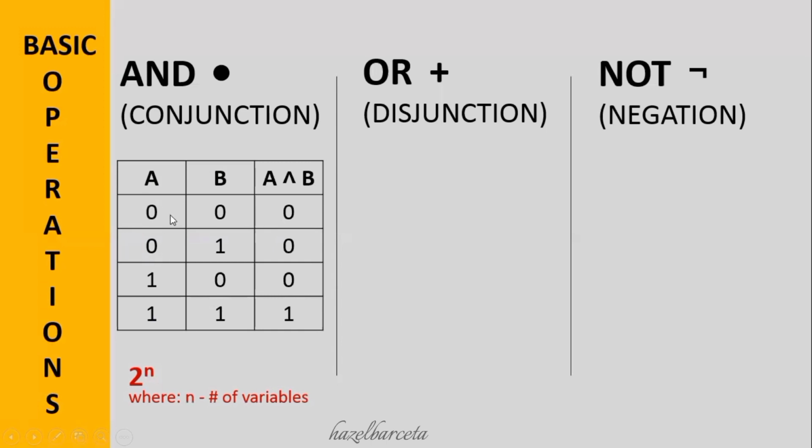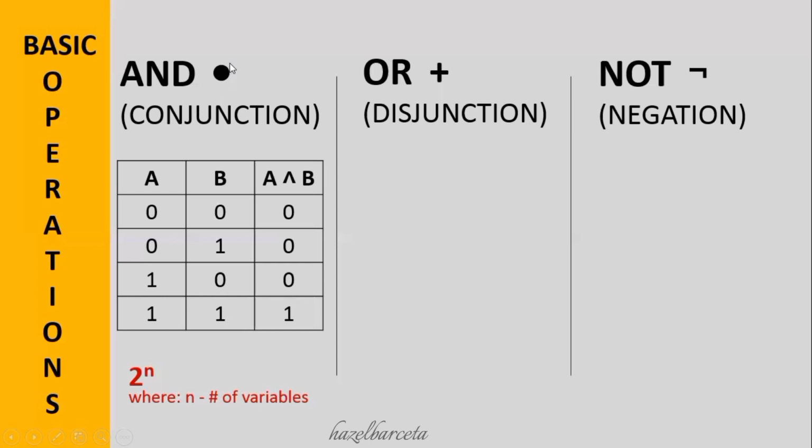Paano naman po ang pag-a-assign ng mga ito? Ayan. So, dito po, dahil we have 4 rows divided by 2, so, 2 0 sa una, 2 1 sa huli. And the second column, 2 divided by 2 is 1. So, 1, 0, ibig sabihin, tig-isa na po sila, alternate na, 0, 1, 0, 1. Okay? As for this one, the output, ito po yung kailangan nating tandaan.